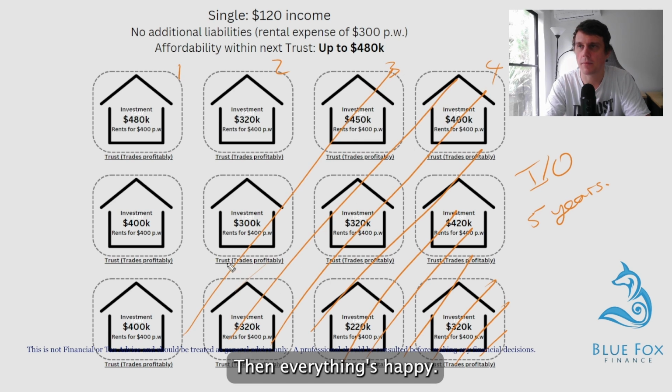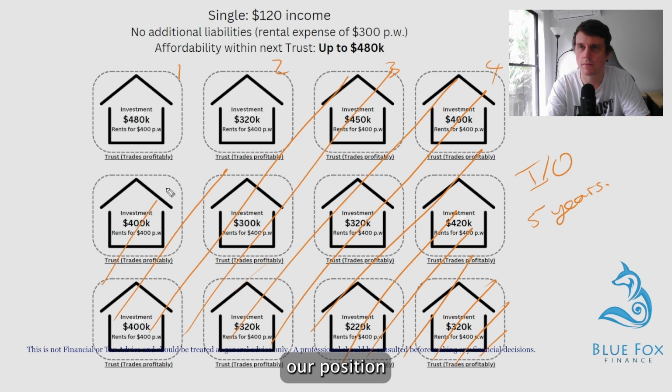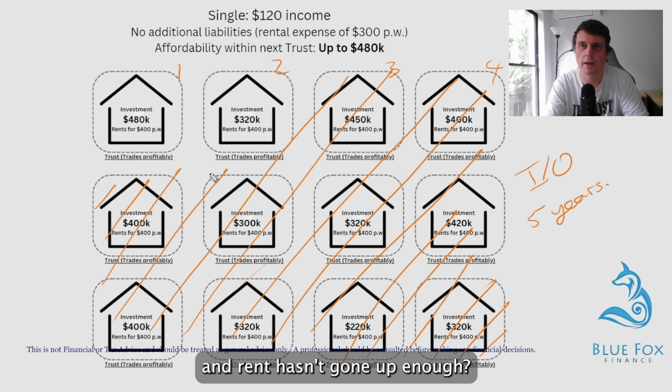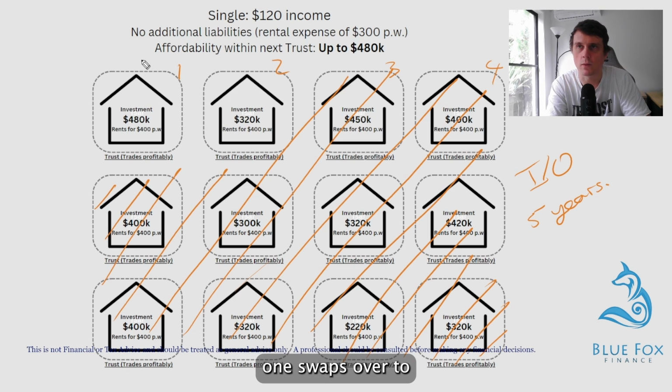But what happens in 5 years if we haven't improved our position on these properties, we haven't increased our income or anything, and rent hasn't gone up enough? Maybe property 1 swaps over to principal and interest, and that then stops trading profitably.